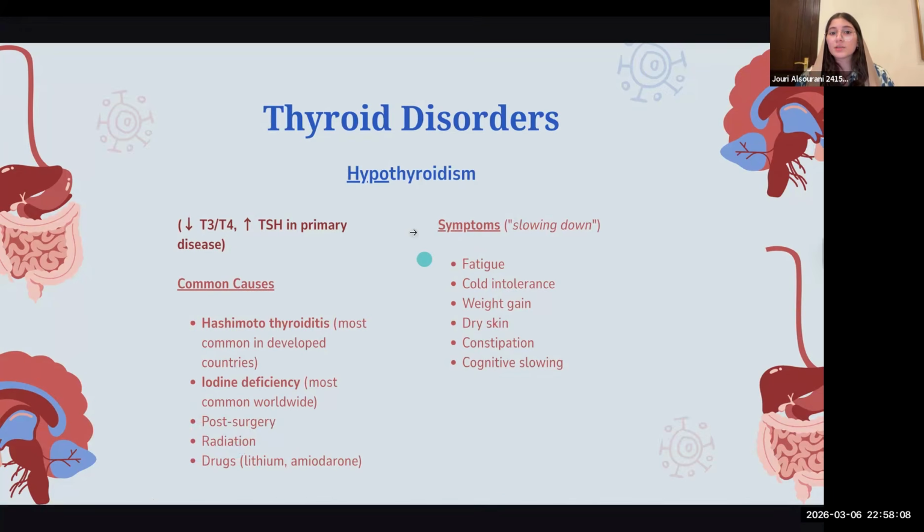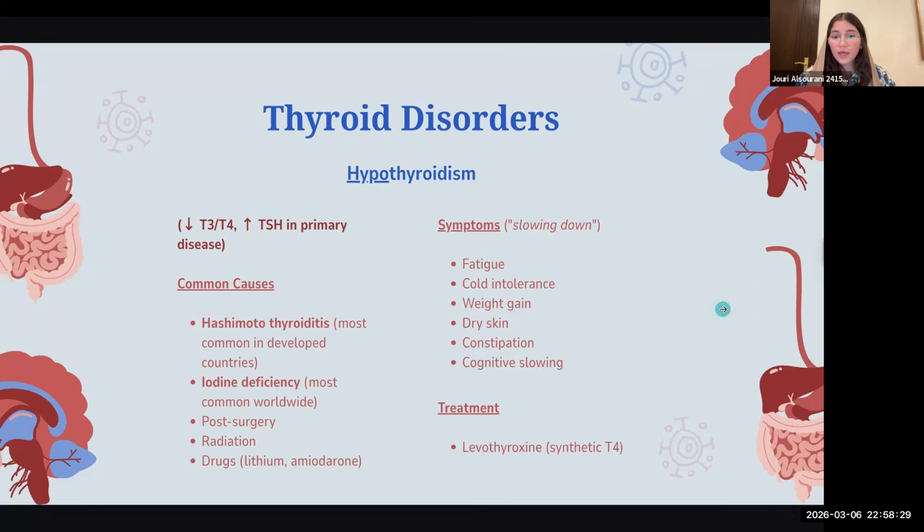Okay, so the symptoms of hypothyroidism are going to be like slowing down. We're going to be seeing things like fatigue, cold intolerance, weight gain, okay? Keep this in mind, weight gain with hypothyroidism, because it helps you differentiate between the two. Dry skin, constipation, cognitive slowing. So all of these symptoms just make you have the impression that things are slowing down.